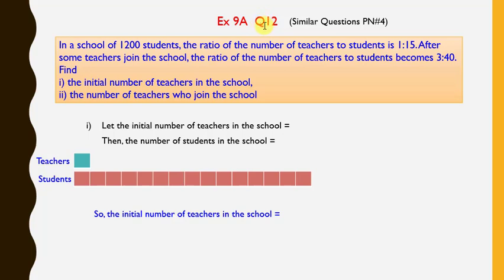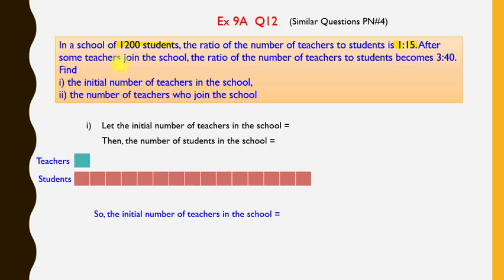Now we will solve question number 12. In a school of 1200 students, the ratio of the number of teachers to the students is 1:15. So 1 is for the teachers and 15 is for the students.